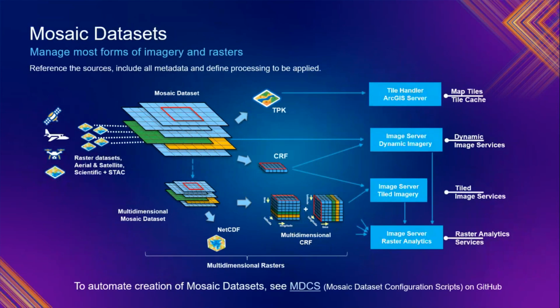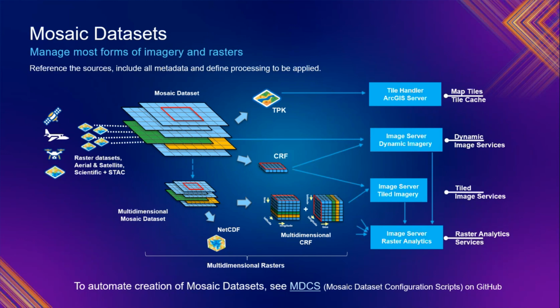The way we do that for imagery is using a mosaic data set. I talked about the different data models. The primary data model for working with imagery is a mosaic data set. A mosaic data set is really a database model that references the different data sets. So within your organization, you may have thousands or hundreds of thousands of images. You don't want to try and stick them all into a single image.